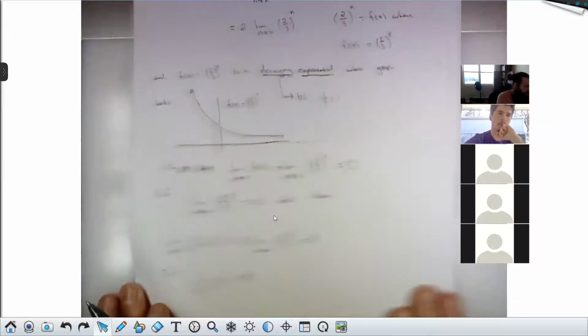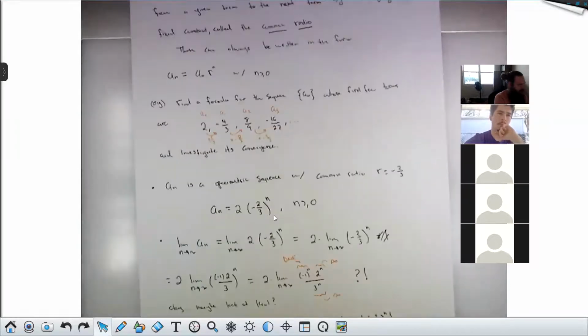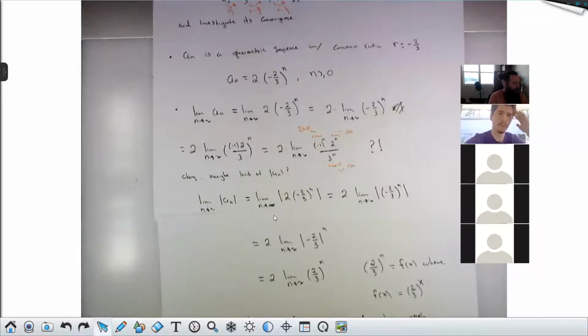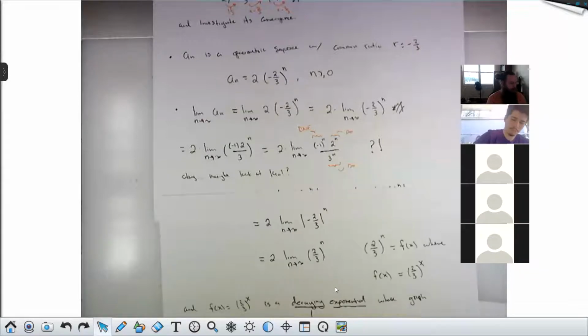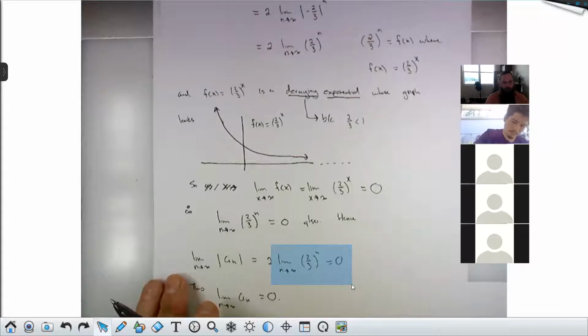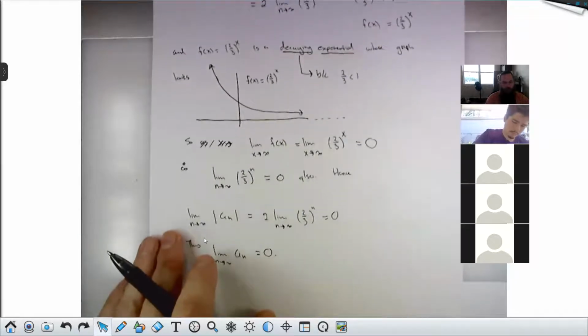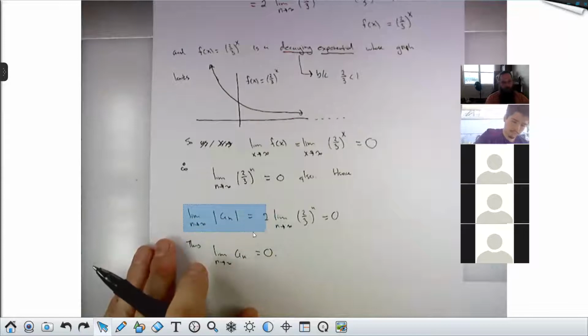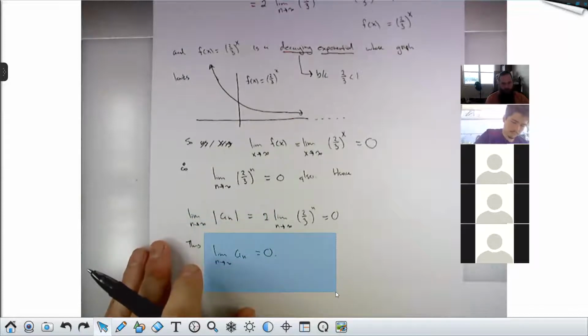And we had already seen that the limit I was looking for comes down to the limit of 2/3 to the n. And since we now know that the limit of 2/3 to the n is 0, I know that the limit of my absolute value sequence is 0. And if the absolute value of my sequence goes to 0, so does my sequence.